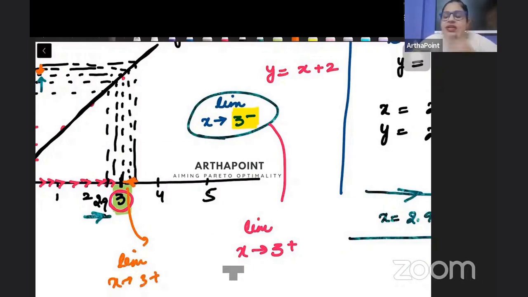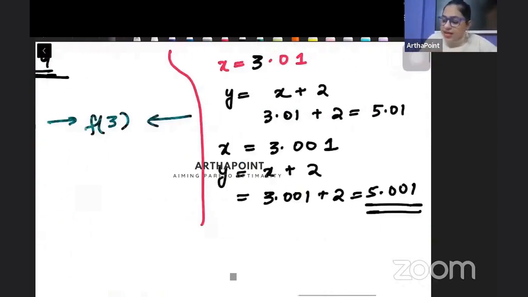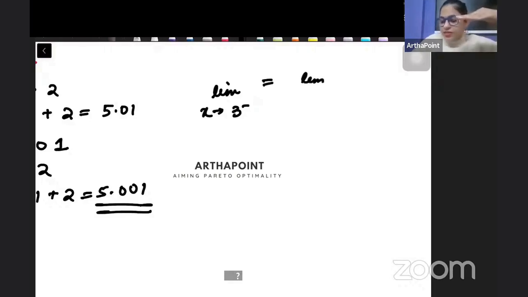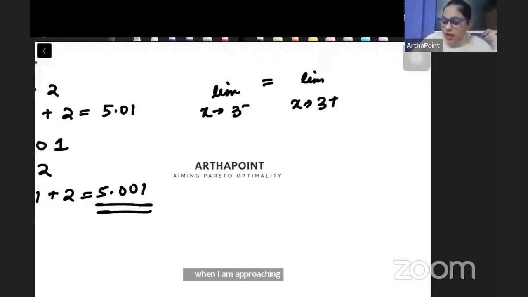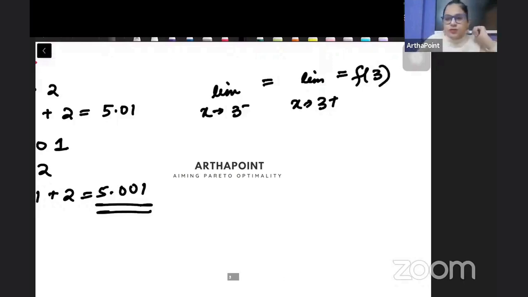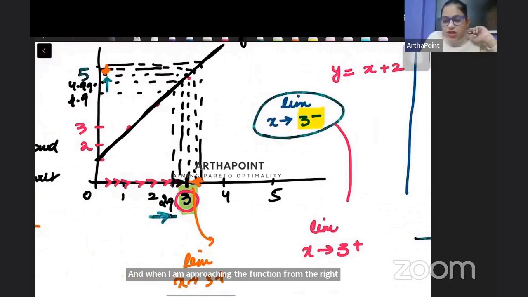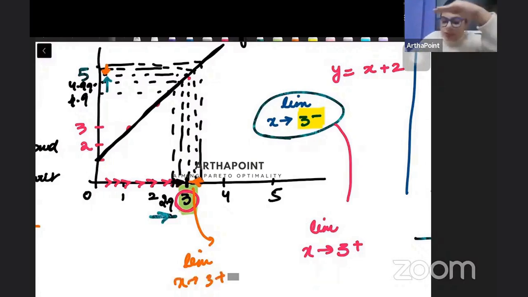Now, what is continuity? हम continuity को कैसे define कर सकते हैं? So I can say that when I am approaching the function from the left hand side and when I am approaching the function from the right hand side and it is equal to the value of the function. यहां से धीरे धीरे जैसे जैसे हम 3 की तरफ जा रहे थे, as we were going close to 3, I was going close to 5.